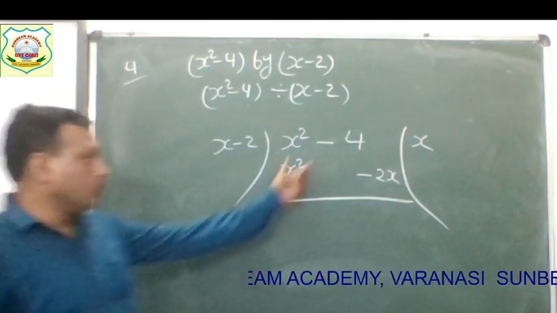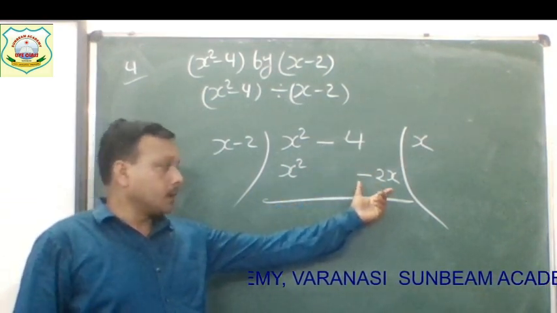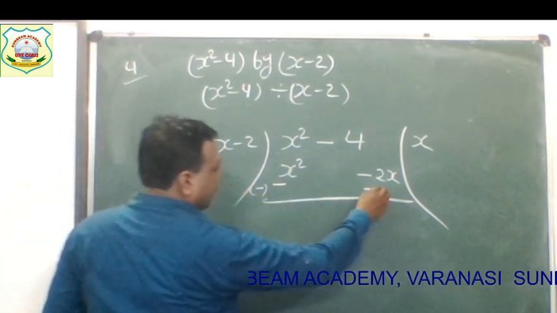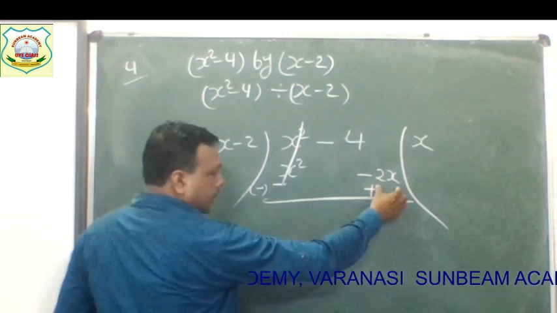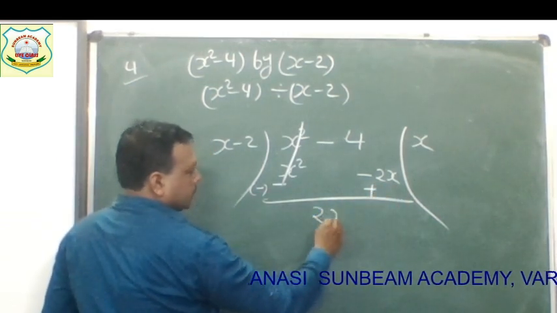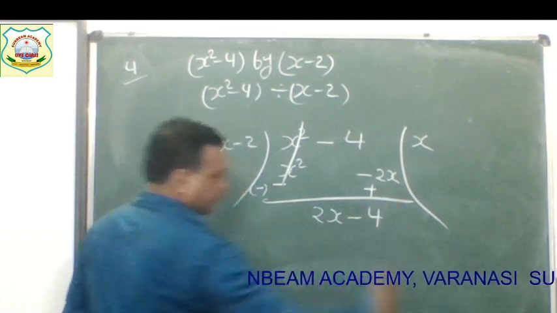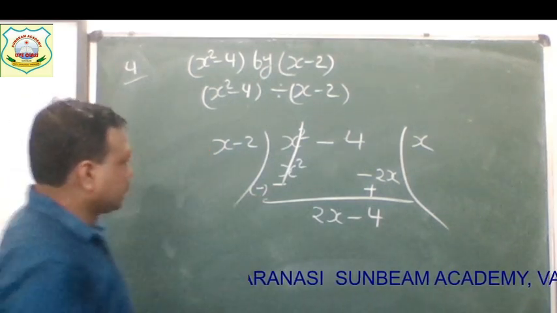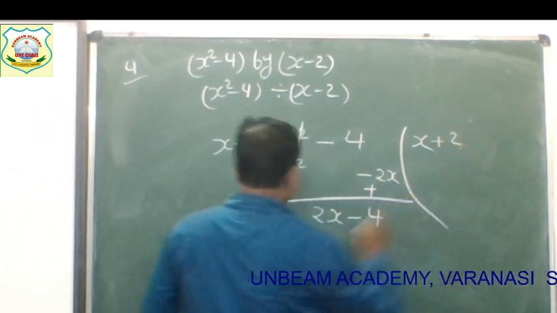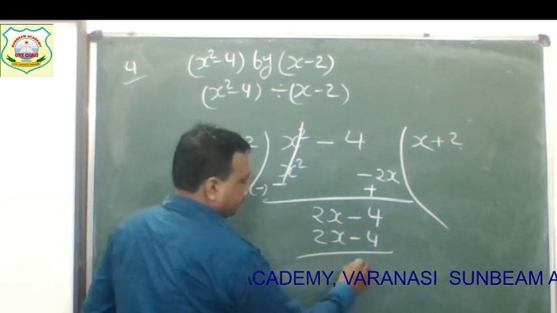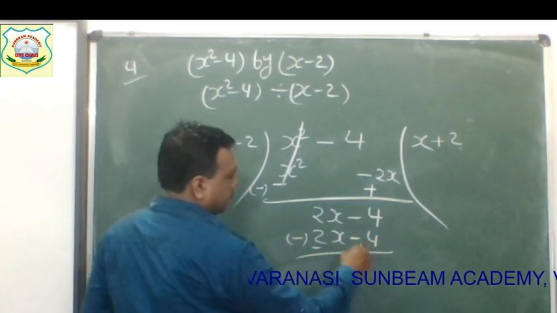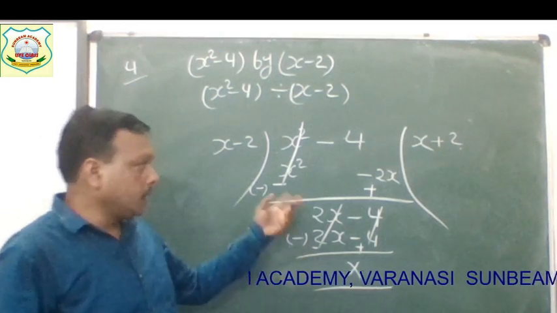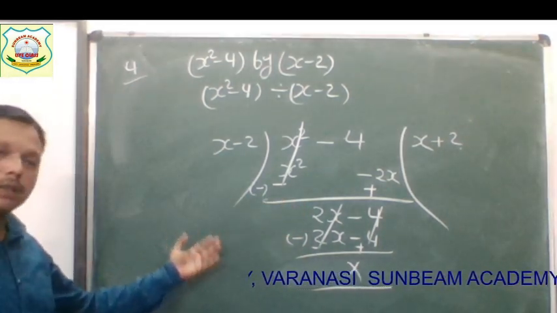Written this way because there is no other value of x, so we have written on this side. We want to do minus, so here is the minus and this one will be plus. Cancel. First we will write this value plus 2x. Now minus 4 will come down this way. This is the other way. x. Now we will write here plus 2 into x, 2x, minus 2 into 2 is 4. It is minus, so minus and plus cancel. Single process, a little bit different. So you can do the previous method and also this method.